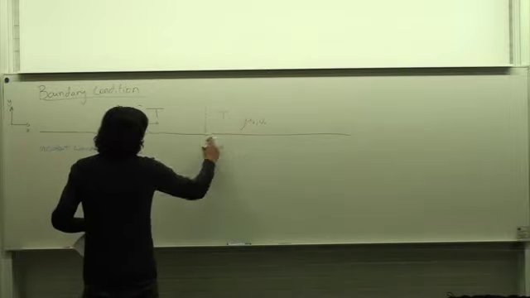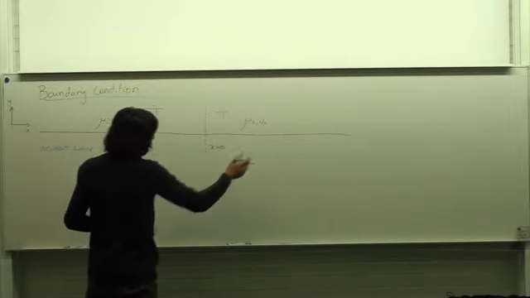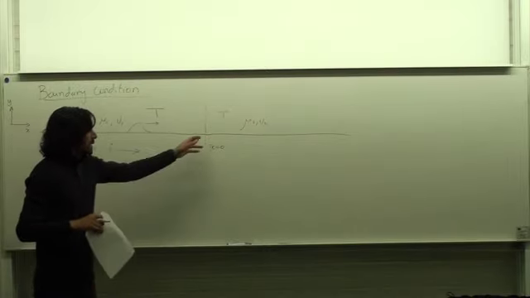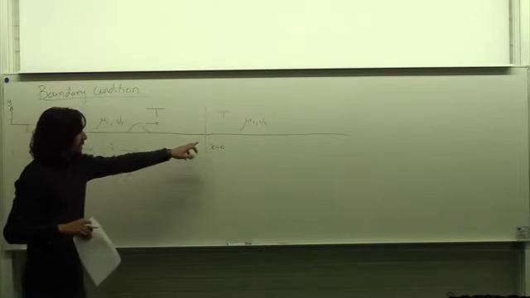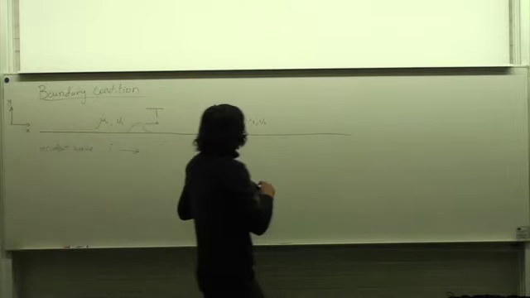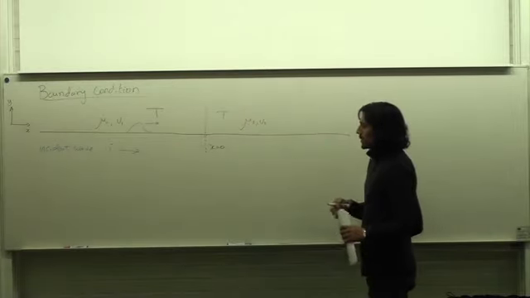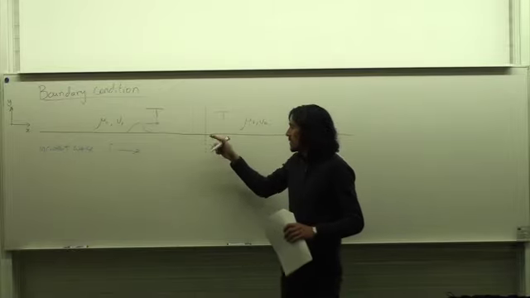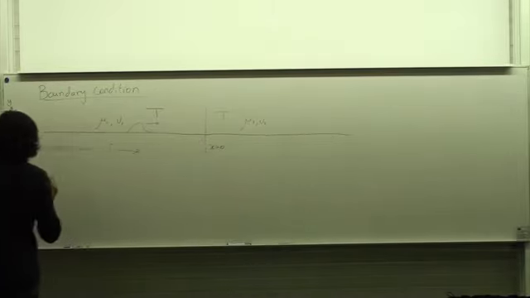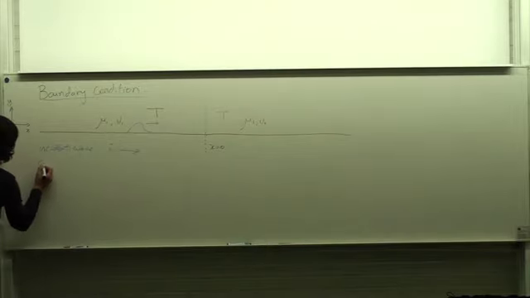If it was the same mu1 and v1, we would expect it just to pass through without any particular attention to this point. But because the properties here are different, maybe something would be reflected and something would be transmitted. So we can write reflected wave.